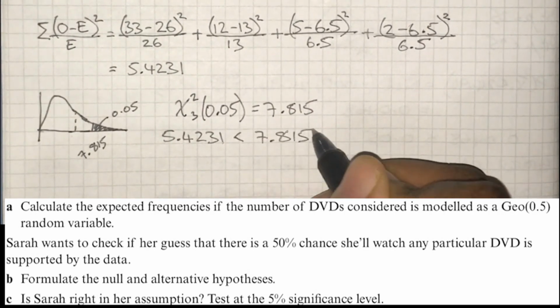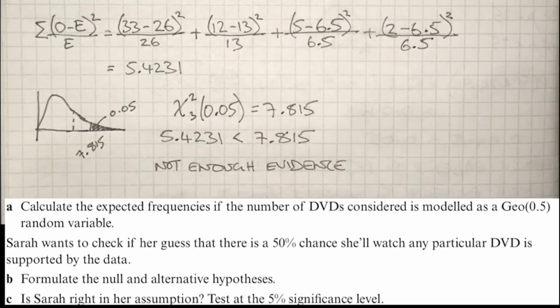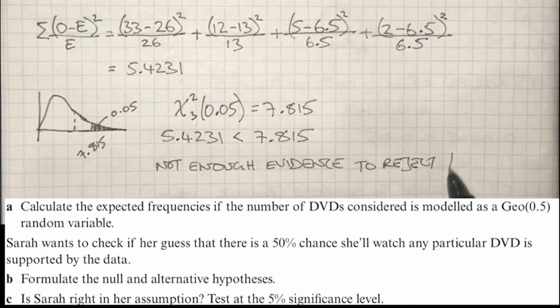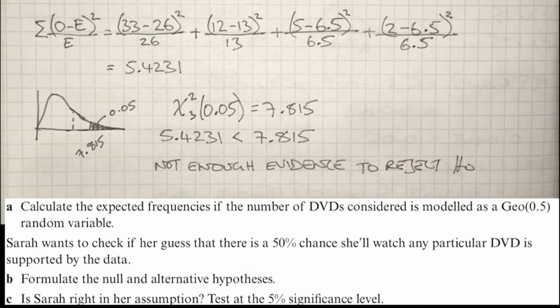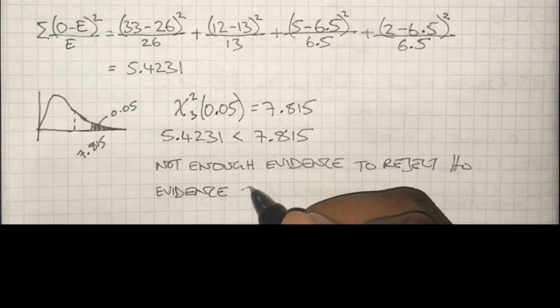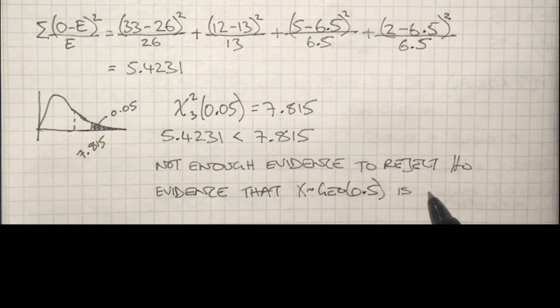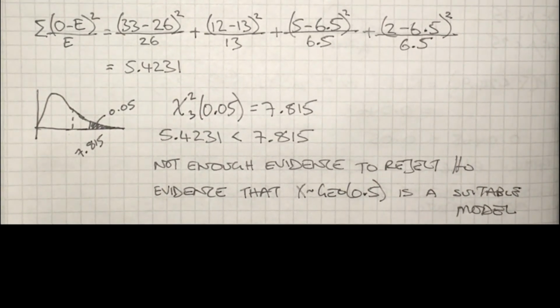If it's not significant, then it could have just happened by chance, and we do not have enough evidence to reject H0. That's our mathematical conclusion. You already know that we also need to pair this with a contextual conclusion, and so we can say that there's evidence that X follows a geometric distribution of 0.5 is actually a suitable model for Sarah's DVD situation.